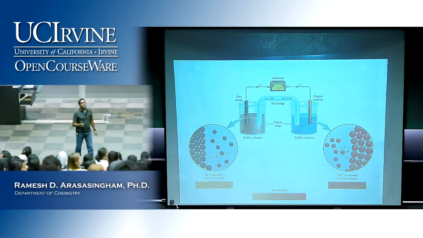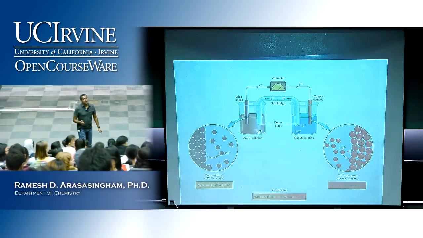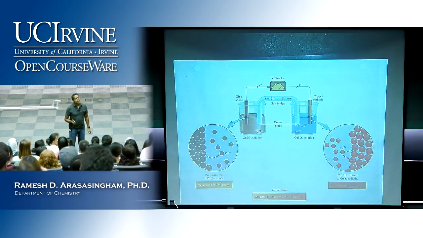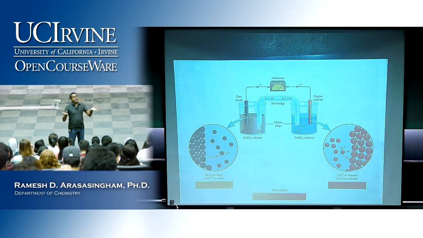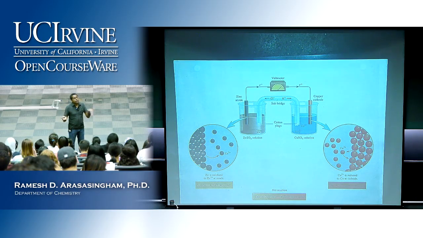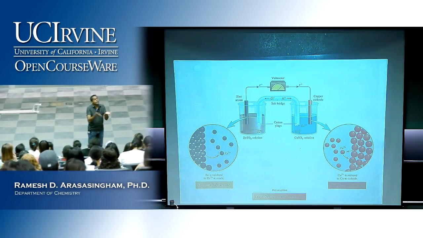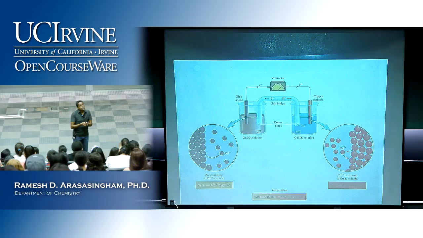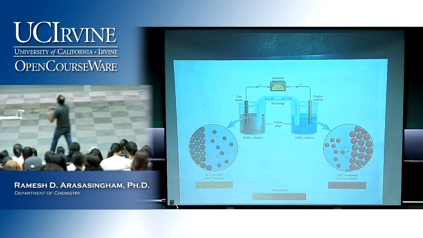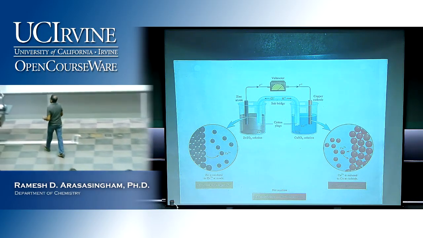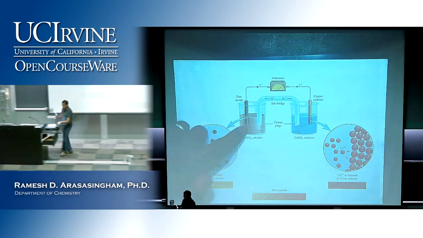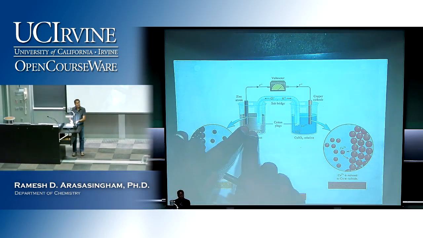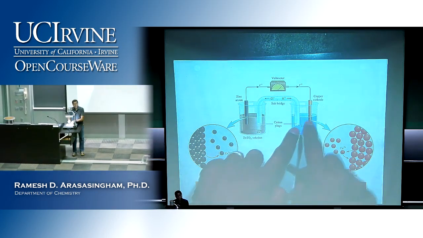Yes, go ahead. The sulfate is a spectator ion, okay? But you need sulfates because everything in nature has to be electrically neutral. A cation always has to have an anion that balances the charge. Do you see that? So to begin with, before any reaction takes place, you have the same number of zinc ions and the same number of sulfate ions in here, and you have the same number in this solution.